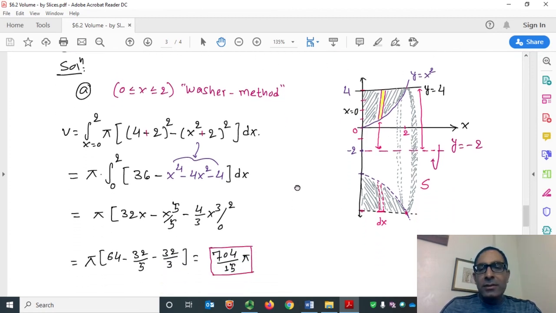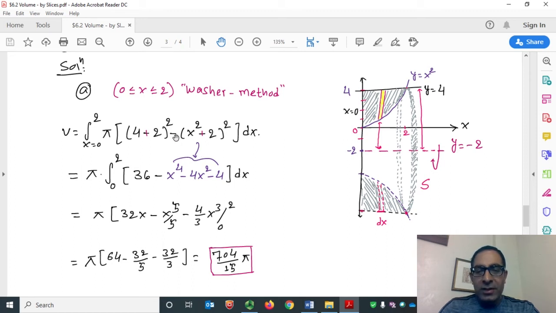So then let's begin the solution. Volume V equals the definite integral from x equals 0 to 2 of pi times the outer radius. The outer radius, once more, is the distance from the axis of rotation to the outer curve. So from y equals -2 all the way to y equals 4 is 6. So 6 squared.